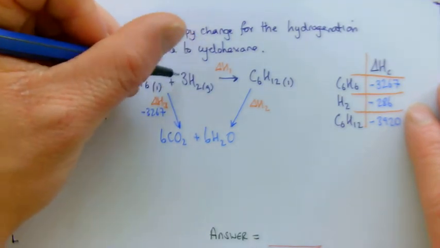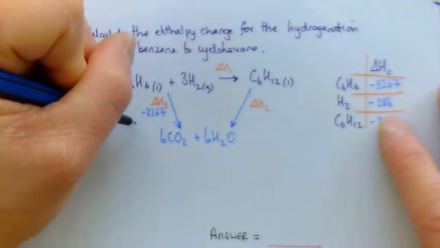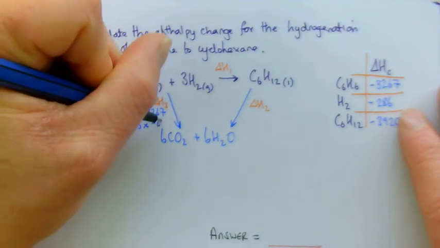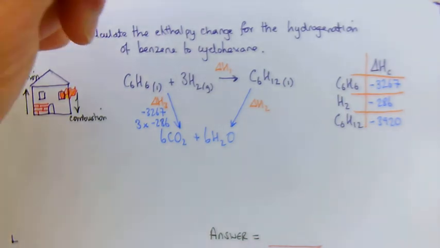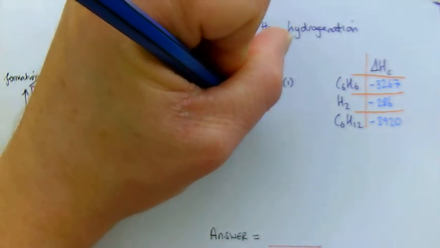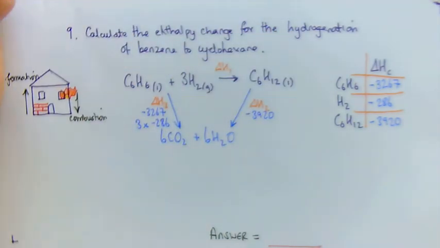We've got 3 lots of hydrogen being burned, so it would be 3 times minus 286. And over on this side, the enthalpy of combustion of cyclohexane is minus 3920.